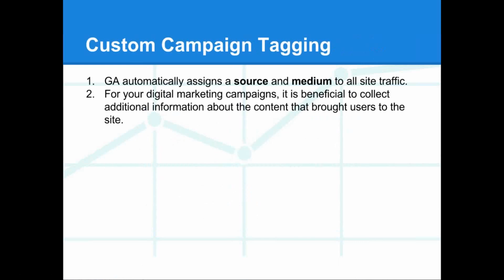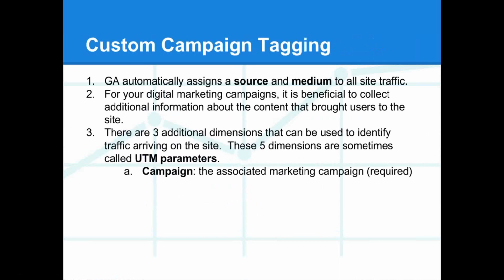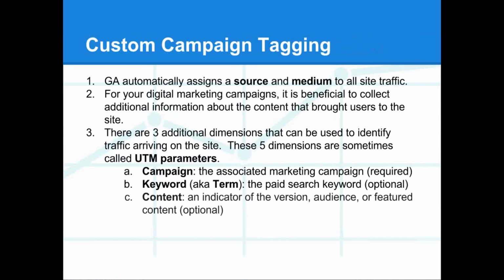if you're running other digital marketing campaigns, it's very helpful to collect additional pieces of information about the content that brought users to your site. So in addition to source and medium, there are 3 more dimensions that we can use to identify this traffic, and we sometimes call these the UTM parameters.